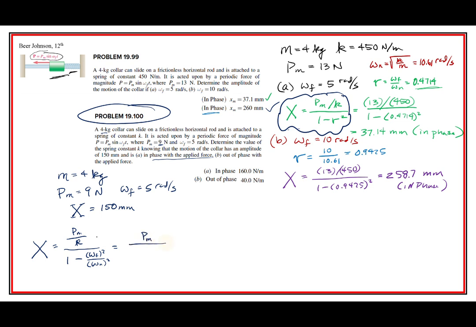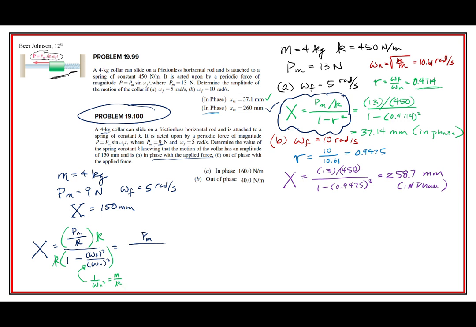So let me write that down. K and K. And we could also replace, let's go the other direction, 1 over omega N squared is going to be equal to M over K, right?